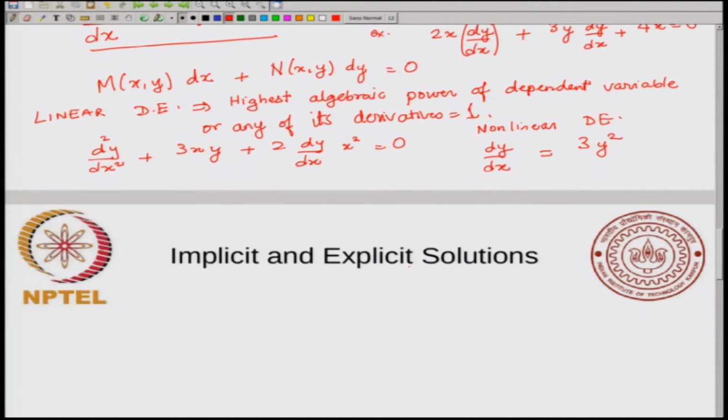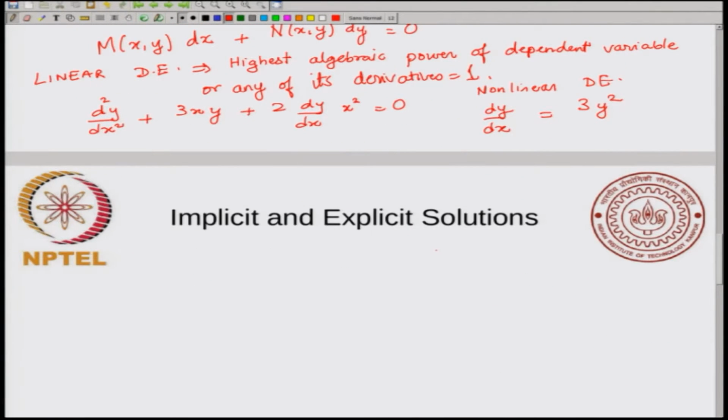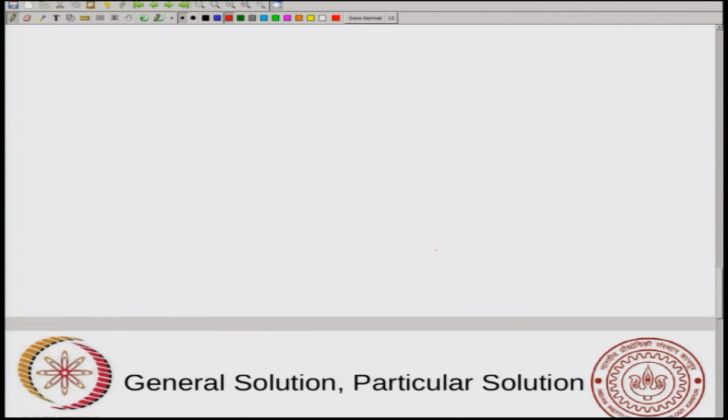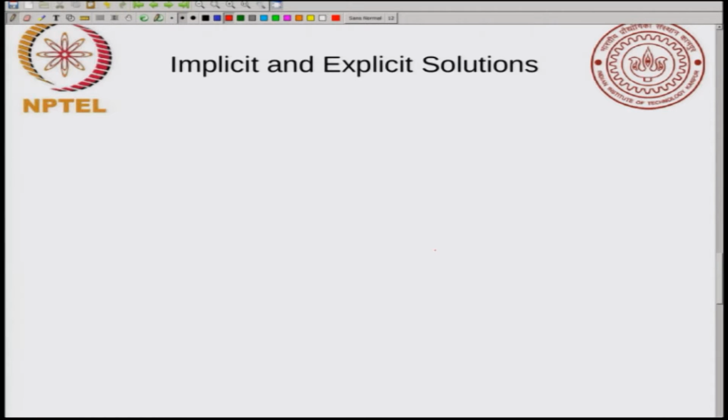And now what do you do with the differential equation? You solve it, okay. Now there are different things that you have to keep in mind while solving it, okay. Now when you solve the differential equation, suppose we consider the case where y is a function of x, y is the dependent variable, and x is the independent variable.